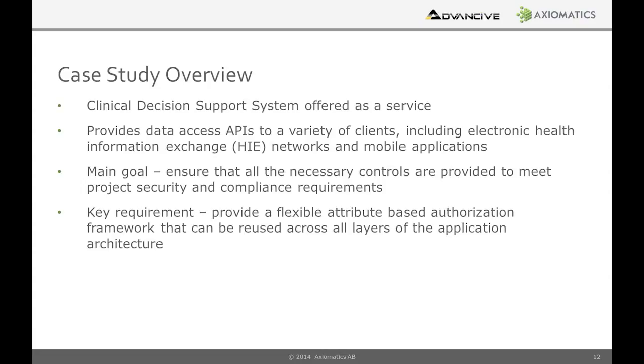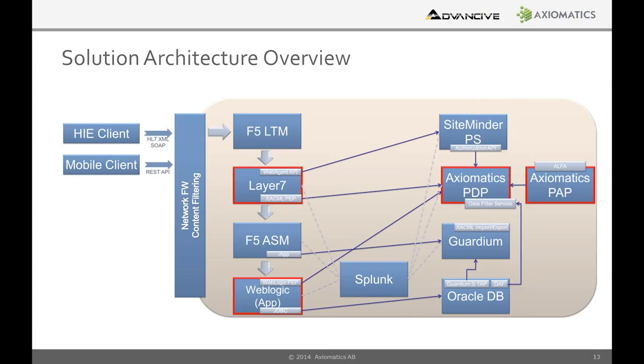So, a quick look at the solution architecture overview. Obviously, as you can see from the diagram, the scope of that project was much bigger than what we're going to be talking about today. We had to deal with a lot of different aspects of security: SQL injections, API threat management, database security. I think specifically the components that we will be focusing on today, which I highlighted in red, are Layer 7, WebLogic, and the Axiomatics Policy Server.